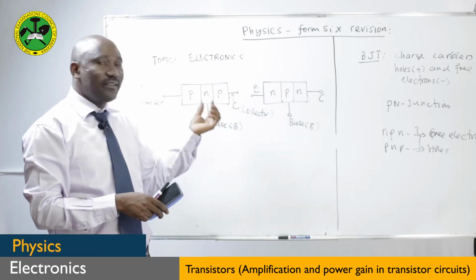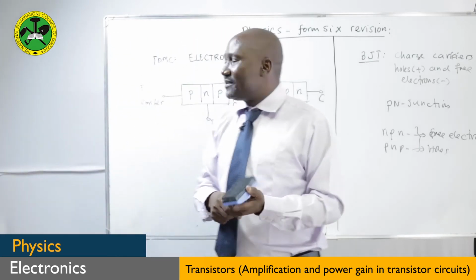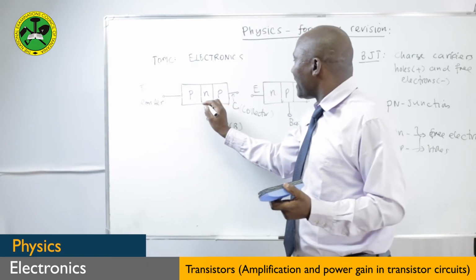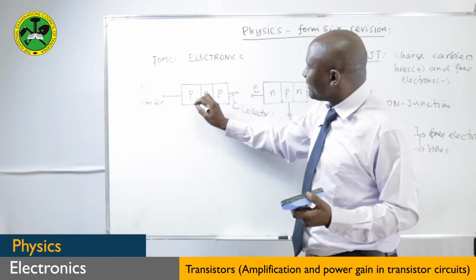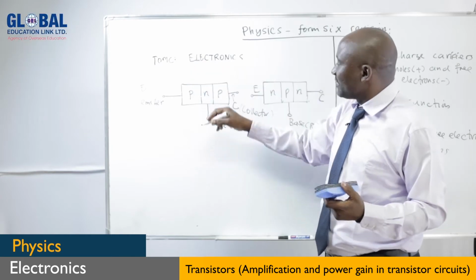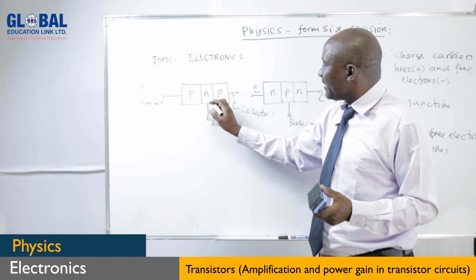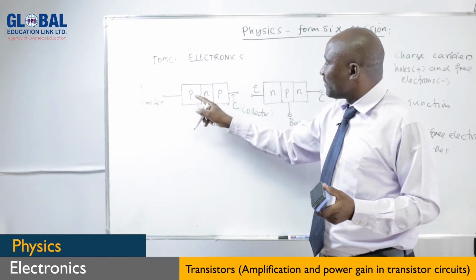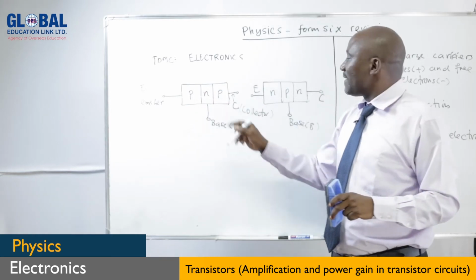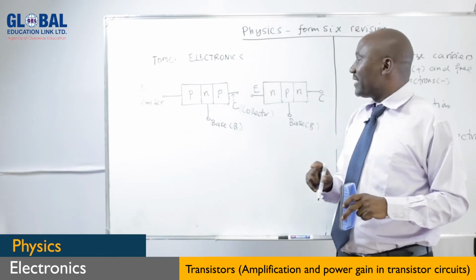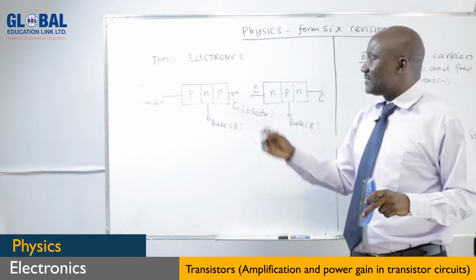It's supposed to be very thin, because if you make it very wide, most of the charge carriers which are emitted will combine inside, because here we have holes and here we have electrons. Most of the holes will combine here. As a result, few holes will reach the collector, and a small current will flow.